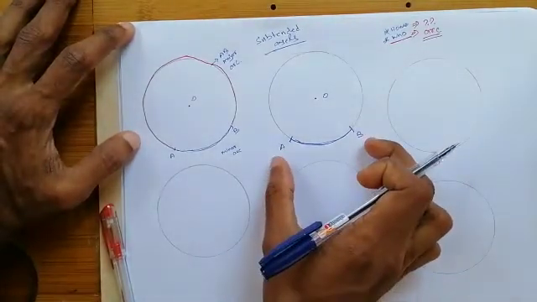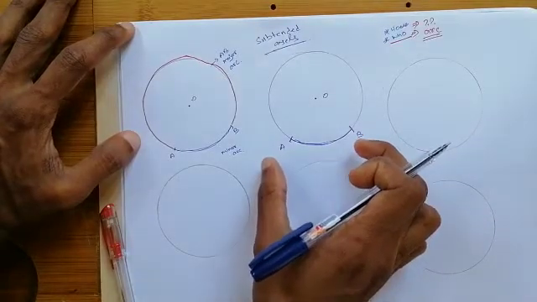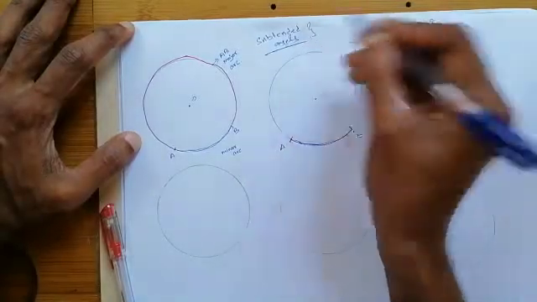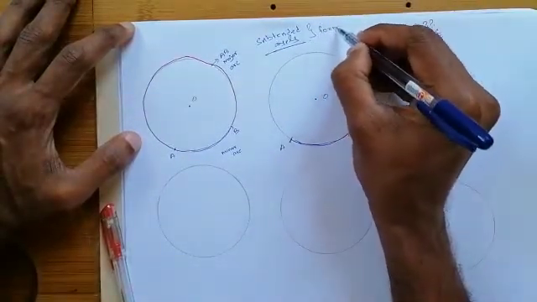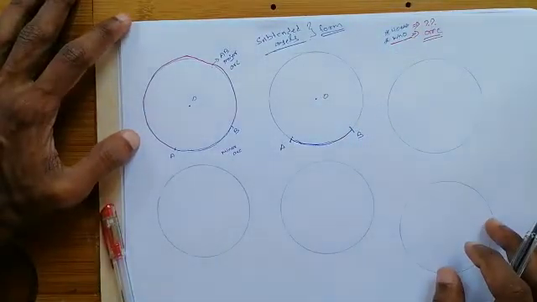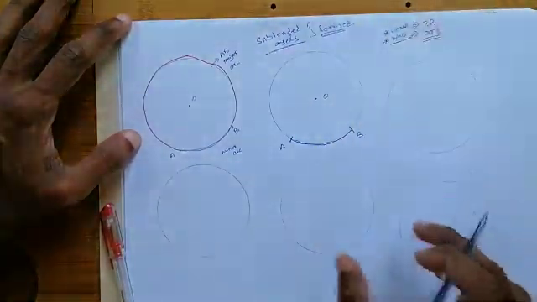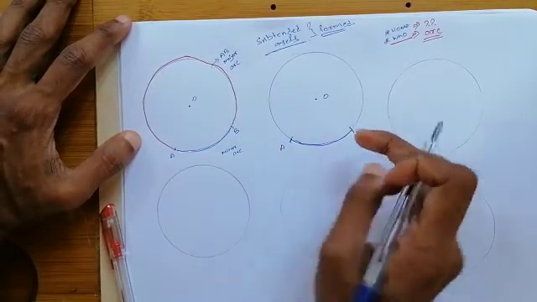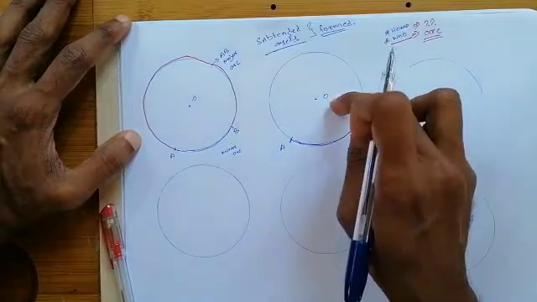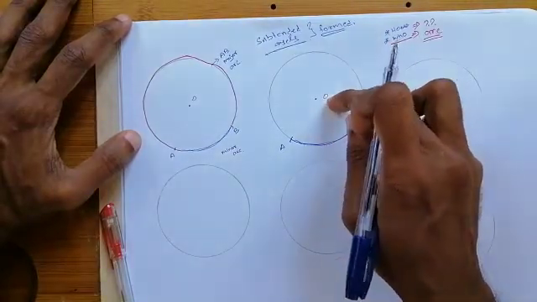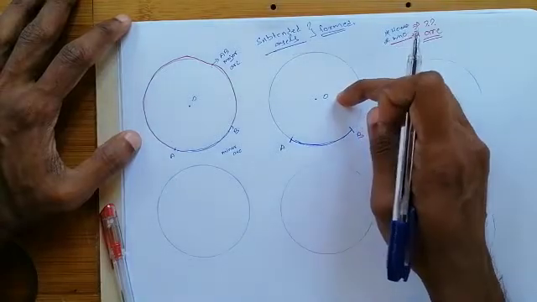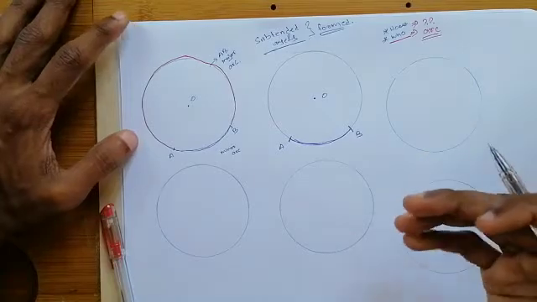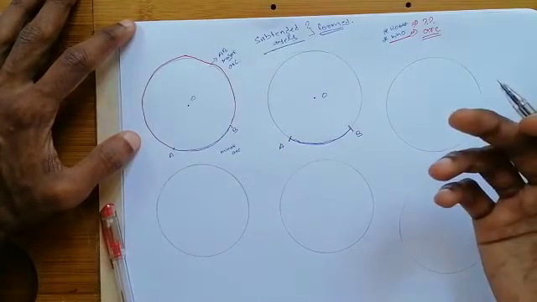Basically, subtended we can translate into our day-to-day word, formed. So AB can subtend, AB can form an angle at O, because the center O is a fixed point, a particular point. Okay, how can we get a subtended angle?